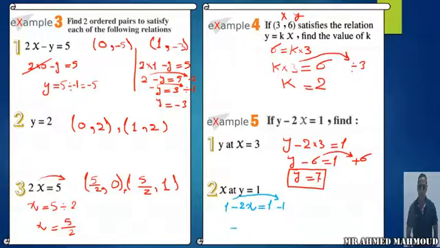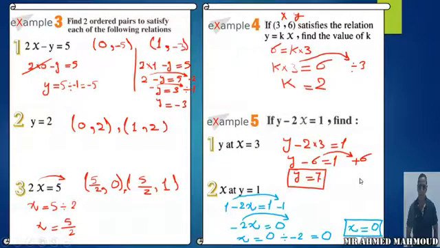Then negative 2x equals 0. I will divide 0 by negative 2. Then x equals 0 divided by negative 2 equals 0. Then the value of x equals 0.